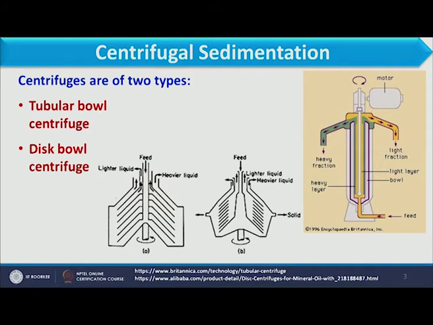So, both can be separated in this, and this disc bowl centrifuge as well as the tubular bowl centrifuge, both are used to separate the particles as well as heavy and light liquid.